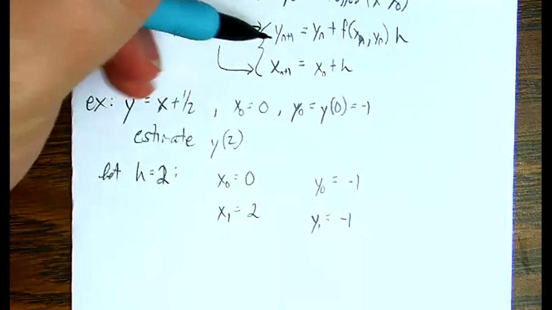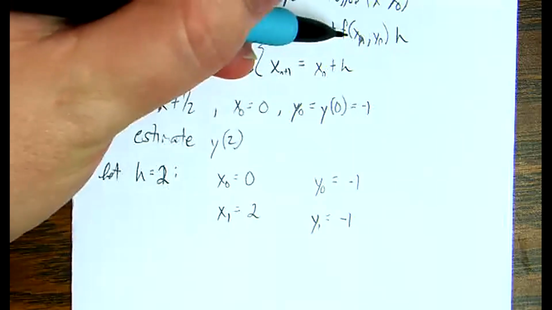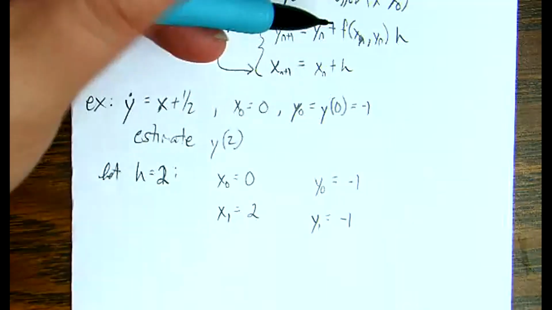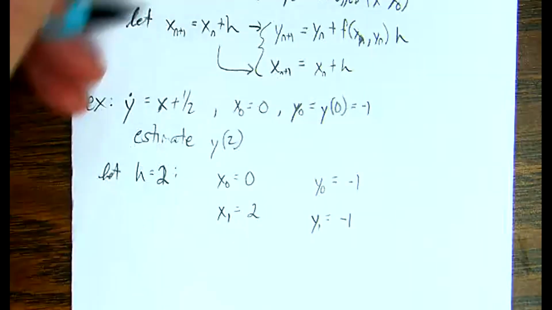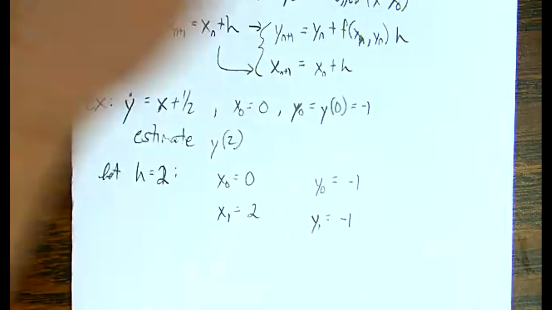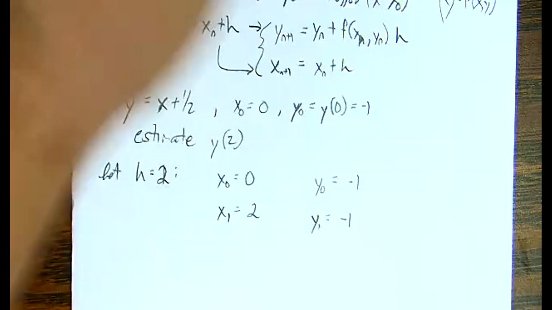So my next y value, y sub 1, is going to be y sub 0 plus f evaluated at the previous point times h. Remember, in our differential equation, we've said y dot is equal to f of x, y.